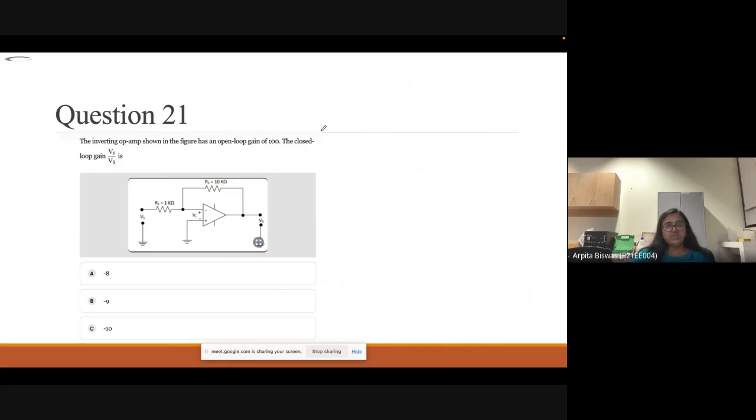Here the inverting op-amp shown in the figure has an open loop gain of 100. So the open loop gain is given here. The closed loop gain, V output by V input, you have to find out. R1 is given, R2, the feedback resistance, is also given, and the open loop gain is also given.